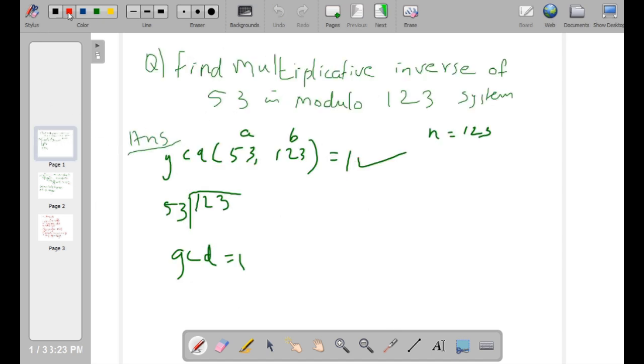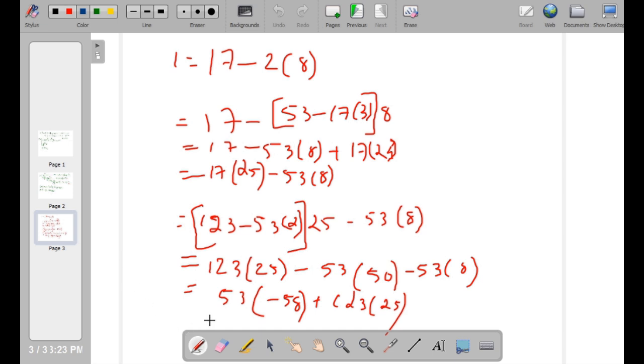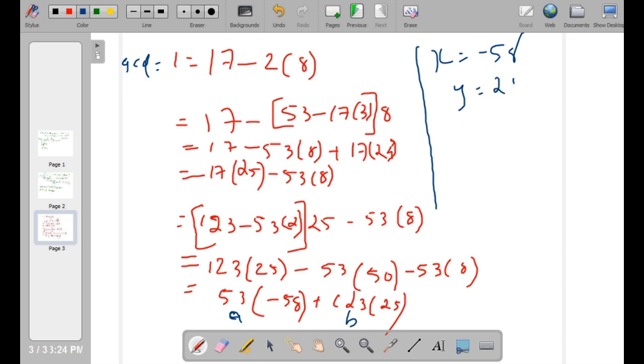This will be equal to the form where our A is 53 and B is 123. So 1 is our GCD. So our X equal to minus 58 and Y equal to 25.